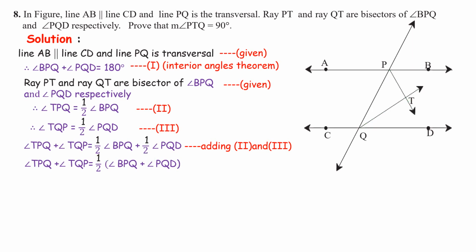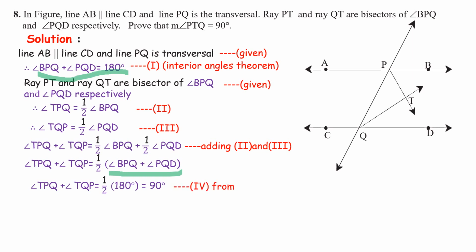Now, from statement number 1, what is the value of this bracket? That is 180 degrees. Left hand side as it is, angle TPQ plus angle TQP is equal to 1 upon 2 into 180 degrees, is equal to 90 degrees. This is statement number 4, from 1.